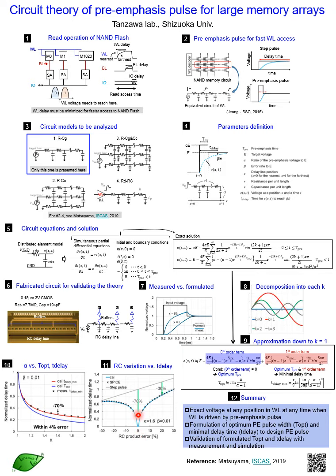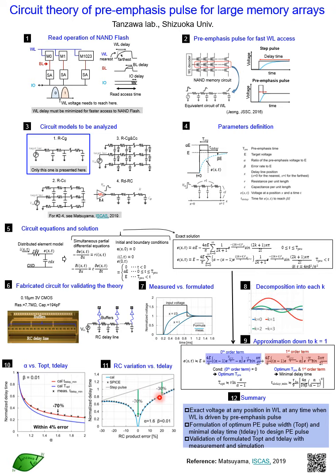So even if you get 70% delay time reduction when the RC time constant doesn't vary, in the worst case you only get a 30% reduction with the pre-emphasis pulse.